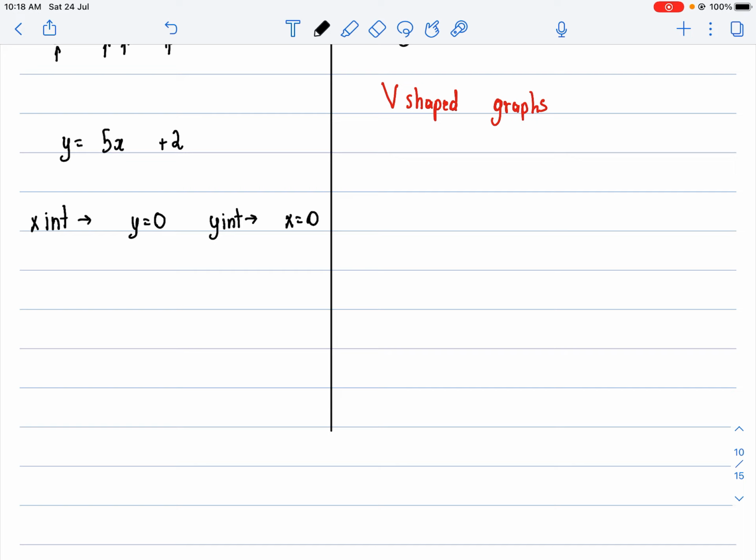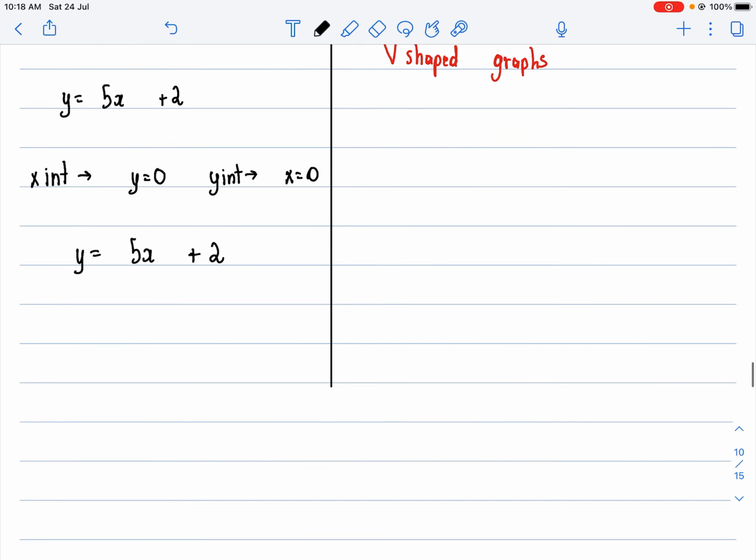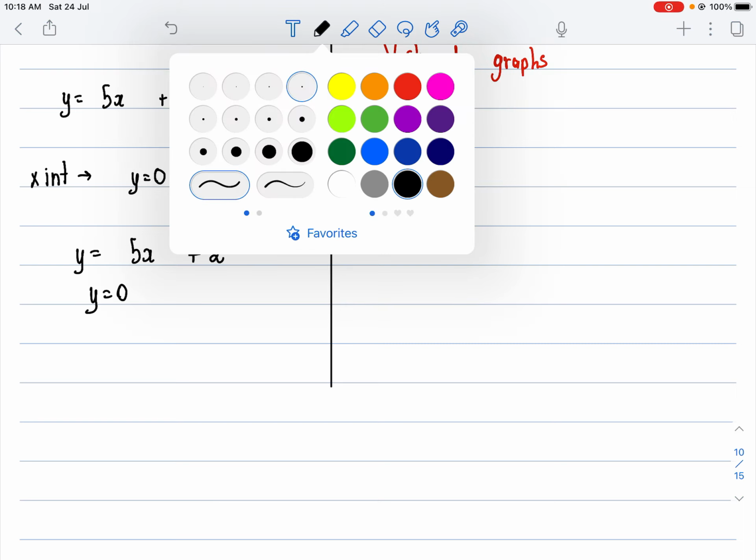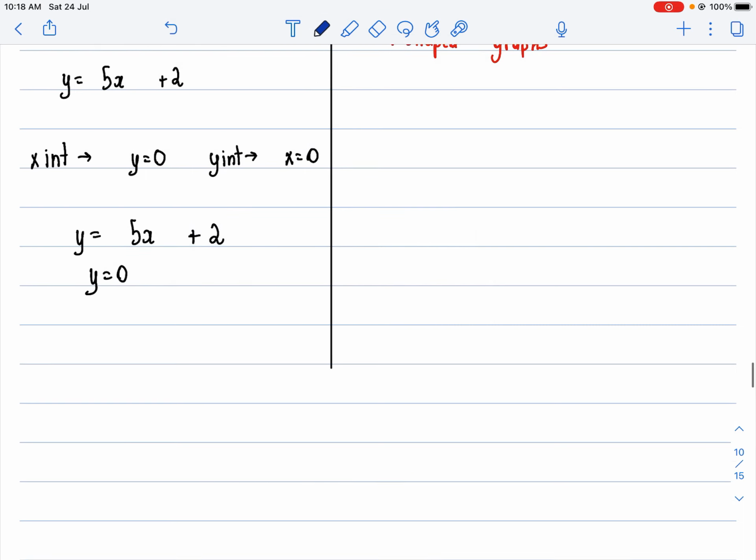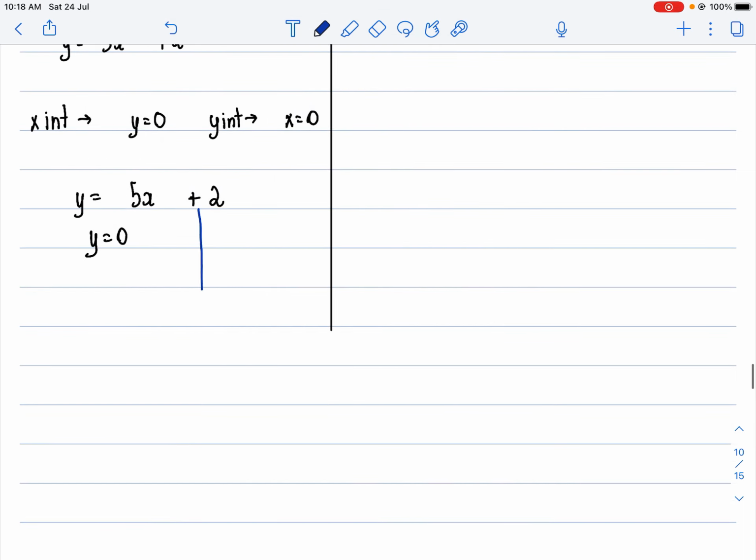Now, let's say I have my function as y equals 5x plus 2. Let's take the same example. What are the set of coordinates which I need to graph this? First I can take my y as 0. When I have my y as 0, I'll do the working in blue.